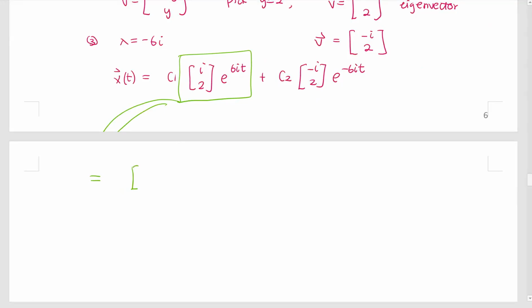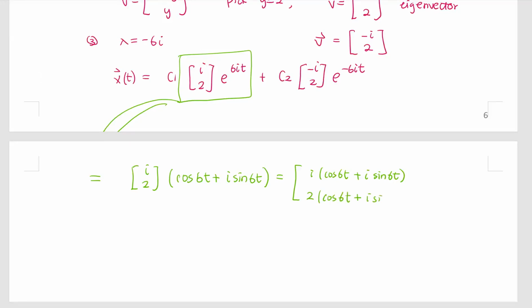Let's expand it. We have i and 2 e to the 6it. Well, that is cosine 6t plus i sine 6t. Let's move it inside. So i times cosine 6t plus i times sine 6t, and then we have 2 times cosine 6t plus i sine 6t.